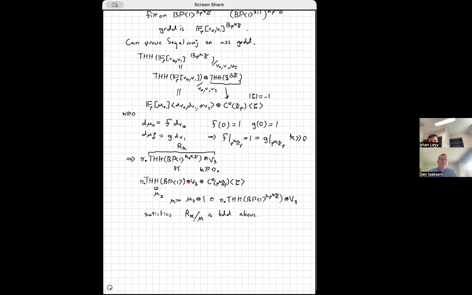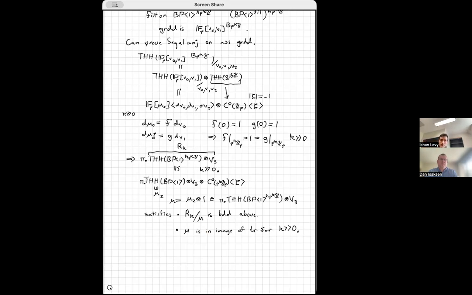When you mod out by mu, you get something bounded above, and then you're just adding something that's only in a bounded range of degrees, so it's not going to change that. But the slightly more subtle thing is that mu is in the image of the transfer map for k sufficiently large.